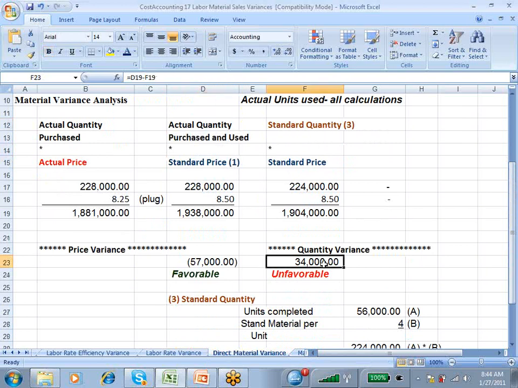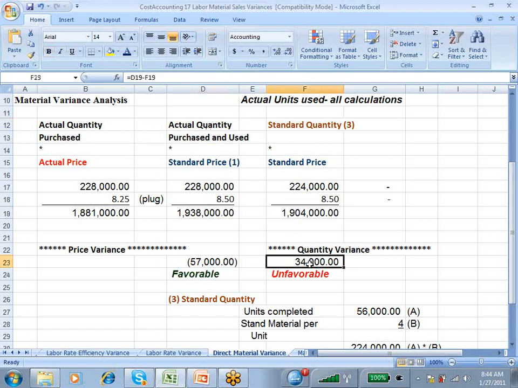Variance is the same as we saw with labor. Our actual quantity times standard in blue, 1,938,000 less standard quantity and price of 1,904,000 means we have an unfavorable variance because when we introduce actual quantity, we end up with a higher cost as opposed to standard.